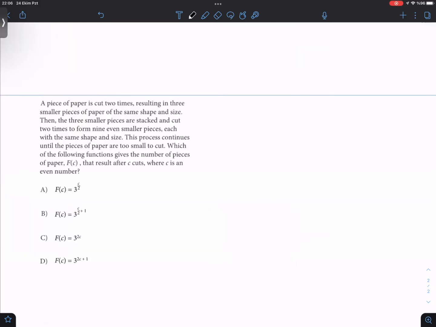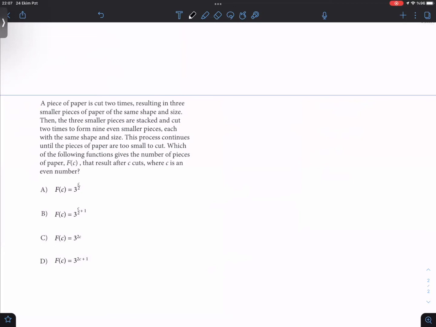Moving on to our next question. This is a combination of somewhat algebra and understanding what the question asks and says. Now let's read the question. A piece of paper is cut 2 times, resulting in 3 smaller pieces of paper of the same shape and size.